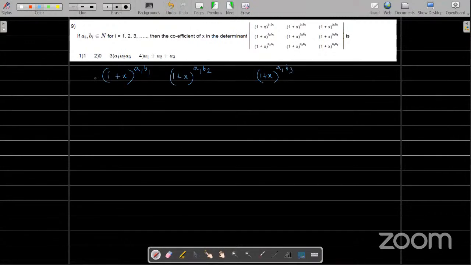Okay, so here in this first row you have the a1 as a common factor, so you can pull that out. You get 1 plus x to the power of a1 into the determinant. Similarly, in the second one, 1 plus x to the power of a2 is a common factor.